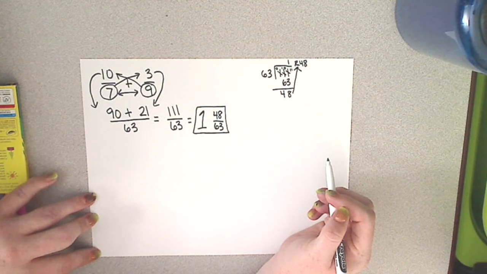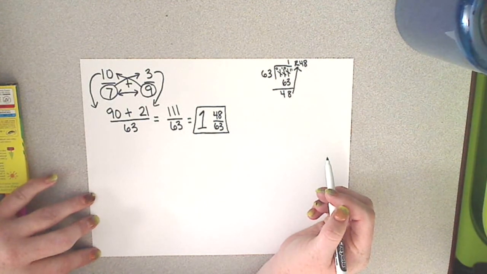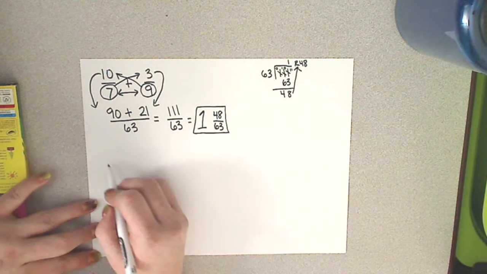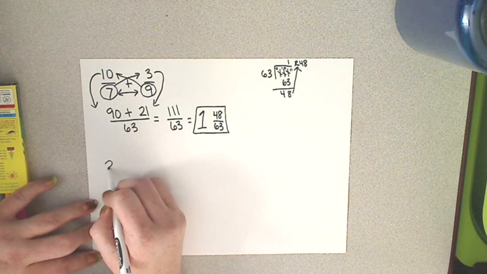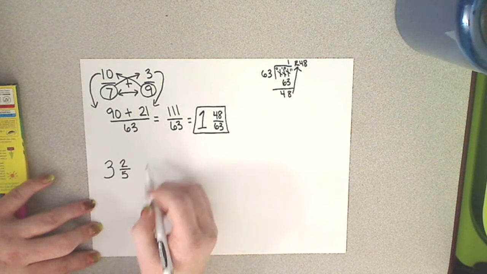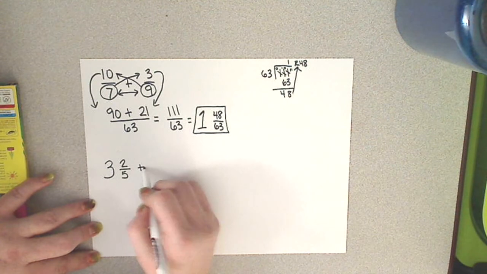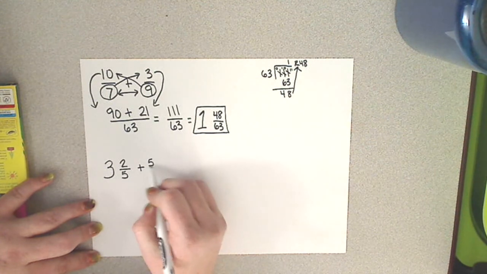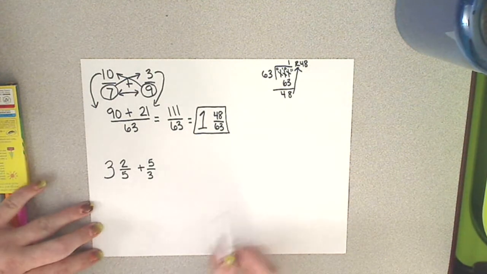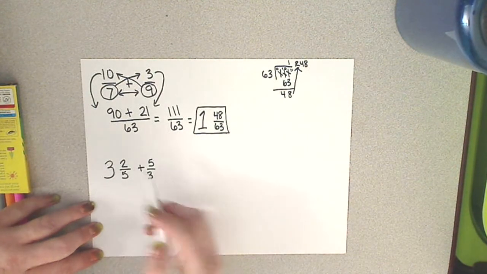Let's look at our last question. We have 3 2/5 plus 5/3. So once again, you have to convert mixed numbers first.